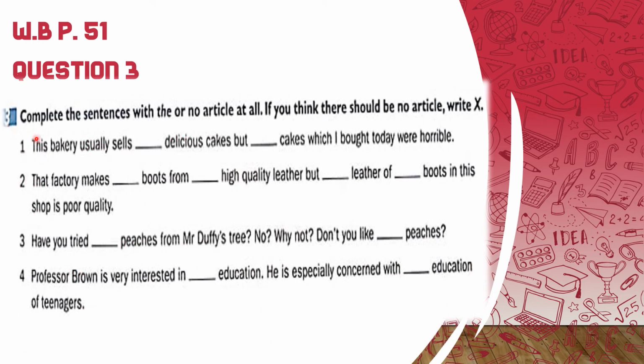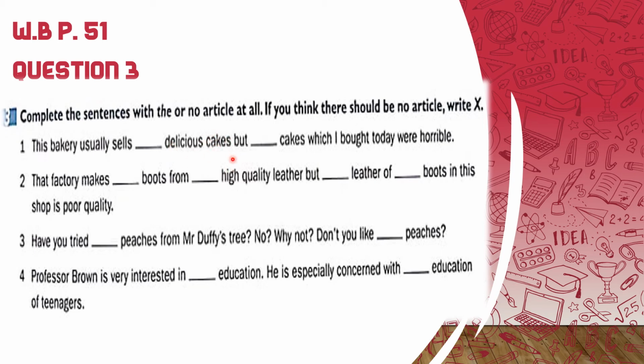Now question number 3, complete the sentences with the or no article at all. If you think there should be no article, write X. So here we just want to put the or no article. When do we use no article? Excellent. If we have a plural noun or uncountable noun mentioned for the first time. Number 1. This bakery usually sells delicious cakes.